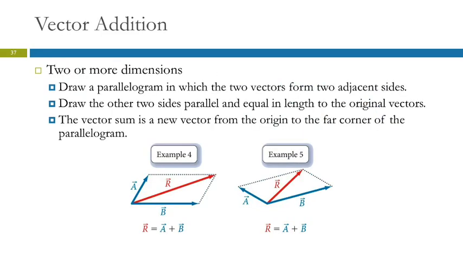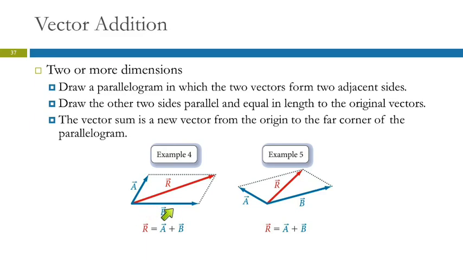In 2 or more dimensions, we can think about it this way. So here we have this vector A and vector B, and they are at some angle slightly less than 90 degrees to each other. How do we add those? We draw a parallelogram.